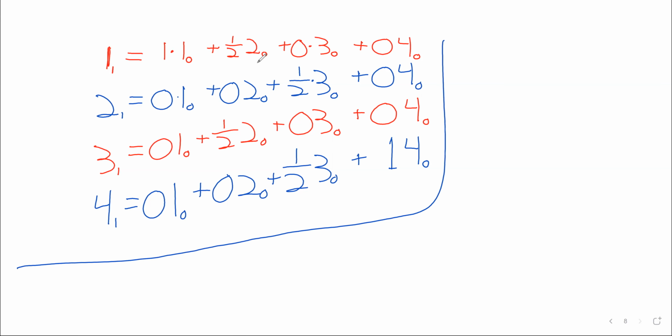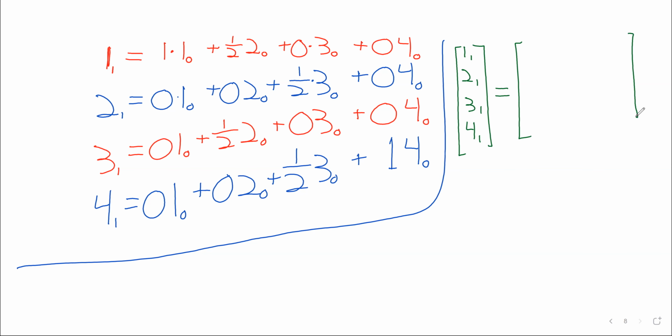The vector p1 sub 1, p2 sub 1, p3 sub 1, p4 sub 1 equals a matrix times the vector p1 sub 0, p2 sub 0, p3 sub 0, p4 sub 0.